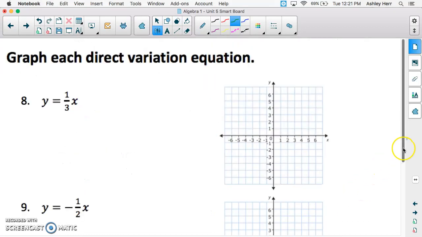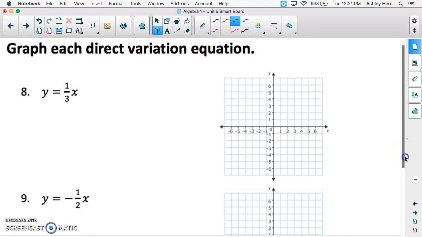And then lastly, I ask you to graph each direct variation. We haven't talked about the slope-intercept form yet, but we can plug numbers in with our table, using my x and y. I'm going to choose numbers that make it easier for me: -3, 0, and 3 for my x variables. When I multiply -3 times 1/3, I get -1.